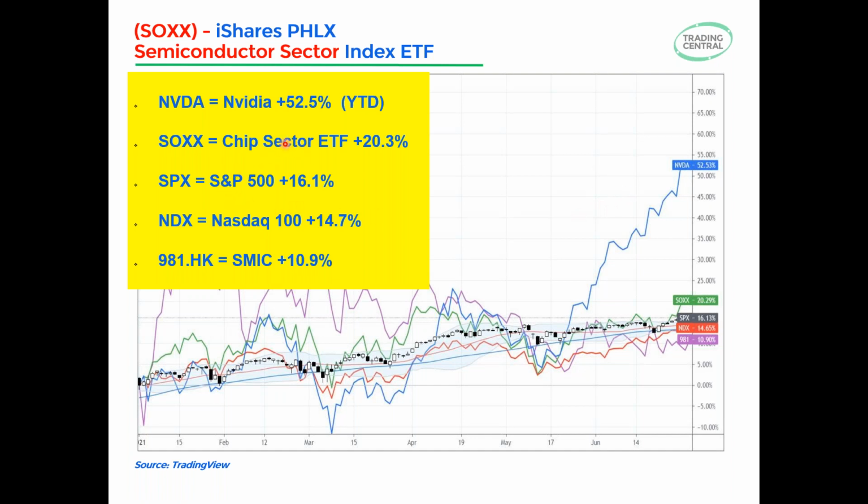The chip sector, semiconductor sector, is leading now, even outperforming the S&P 500 and of course the Nasdaq 100. So semiconductor stocks are doing well. And inside this sector, we have noticed one chip maker, Nvidia.